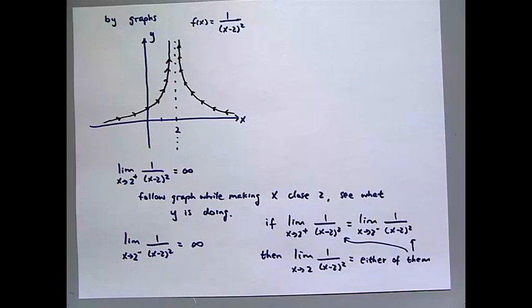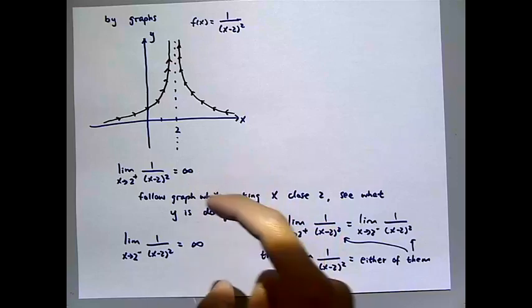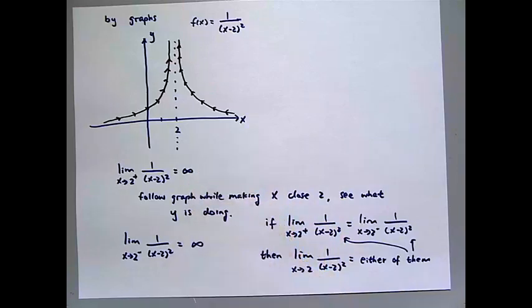The regular limit exists only if these two are the same. But the regular limit can fail to exist while these two still exist, like the last example we saw. Does that make sense? Questions?